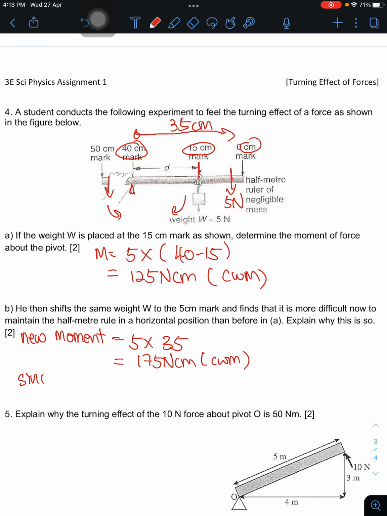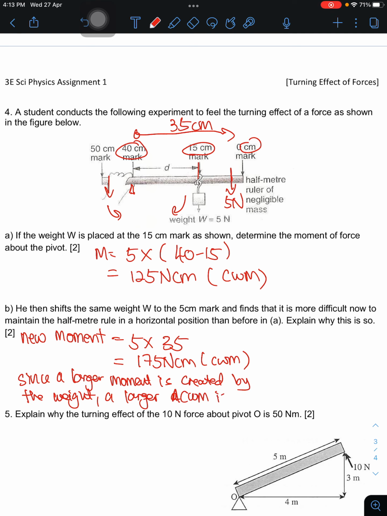Since a larger moment is created by the weight, then what happens? It means that my counter moment, my anti-clockwise moment, must be larger also, right? Larger anti-clockwise moment is needed to balance the ruler.